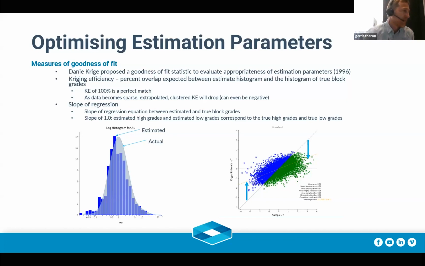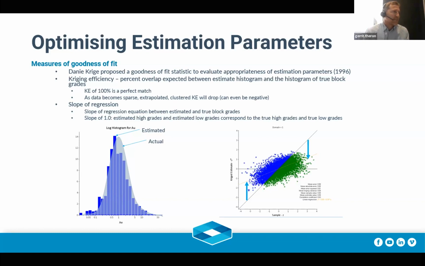And then the slope of regression is drawn between the estimated and the true block grades. If it's a perfect estimate, it will be a 45-degree diagonal line, but we can see in practice it typically is not, and that it will deviate slightly, or hopefully slightly, from that 45-degree line.